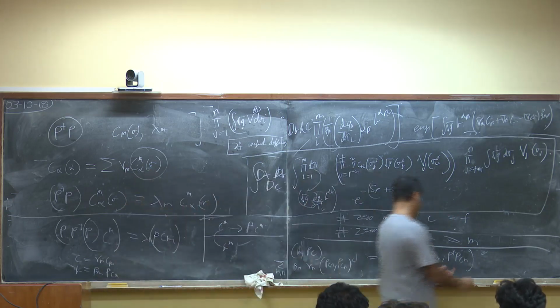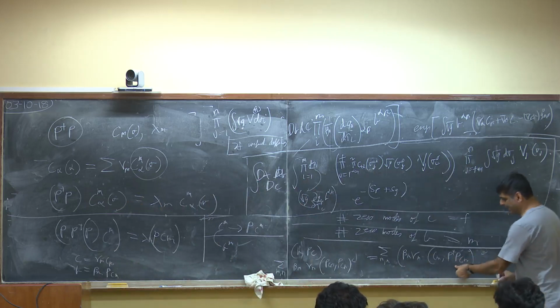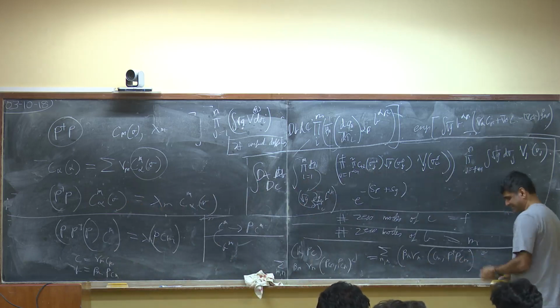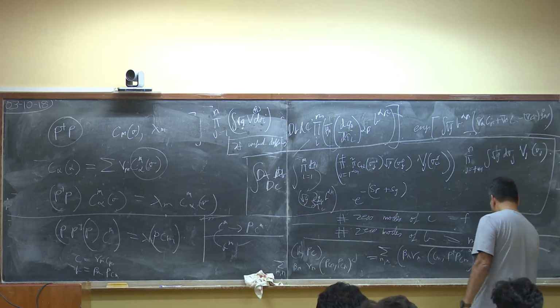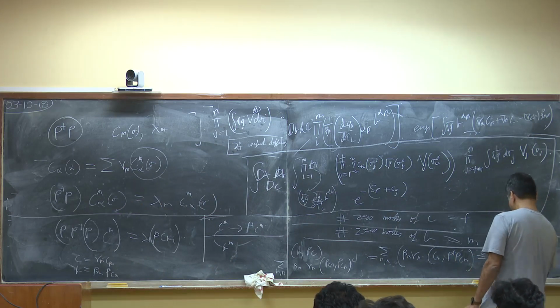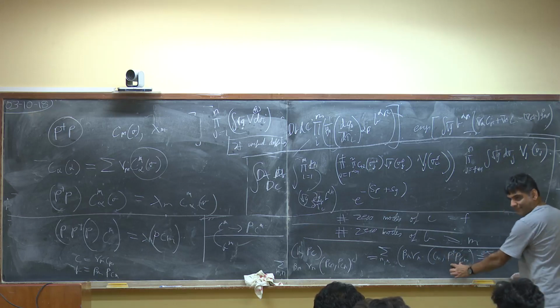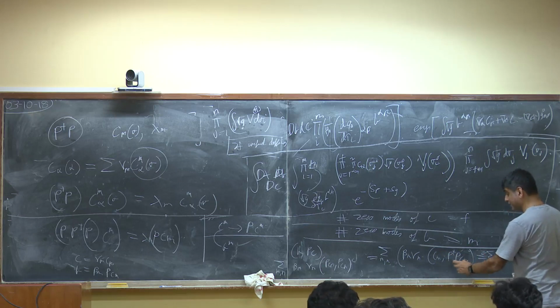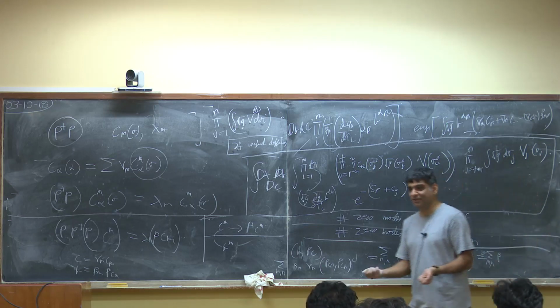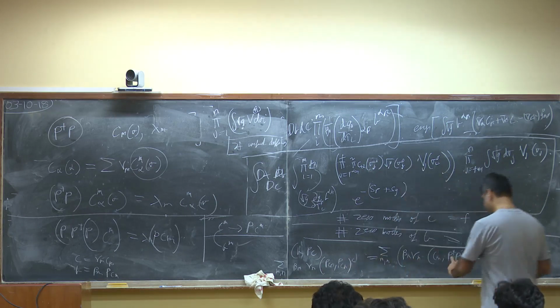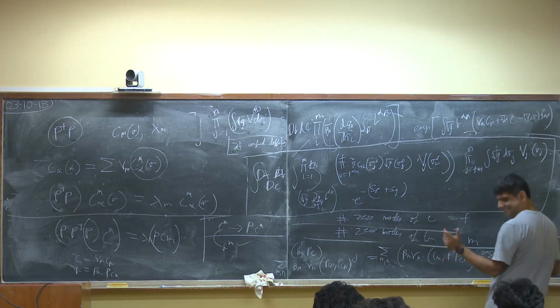But this is lambda n, so that's equal to the sum over m, n of beta... Yeah, now we're going to get lambda. Of course they are orthonormal because they're eigenvectors of a Hermitian operator. So exactly. So thank you.